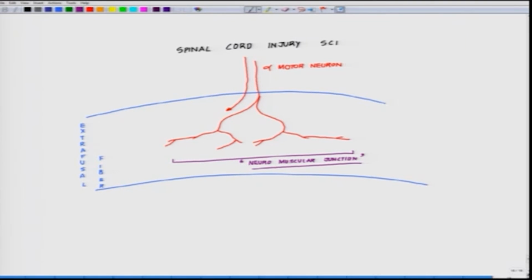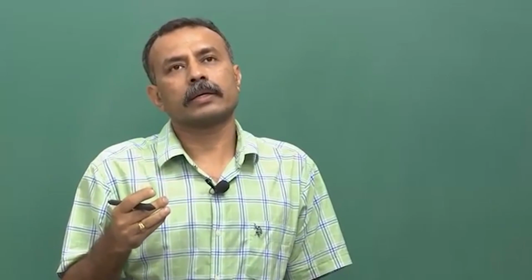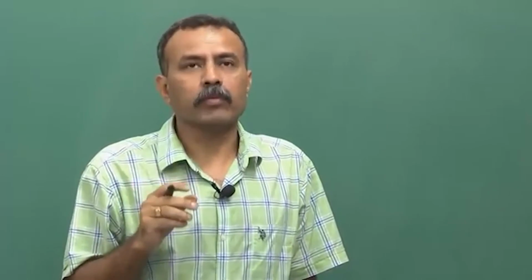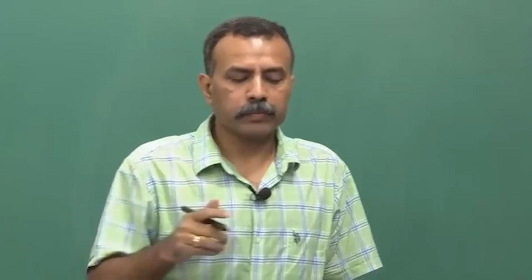This particular part is where the muscle is in close contact with the alpha motor neuron.